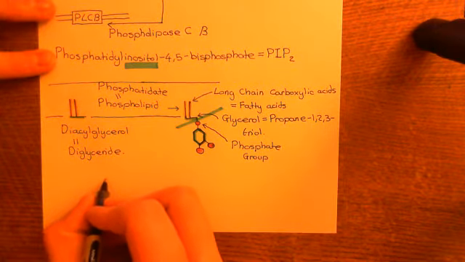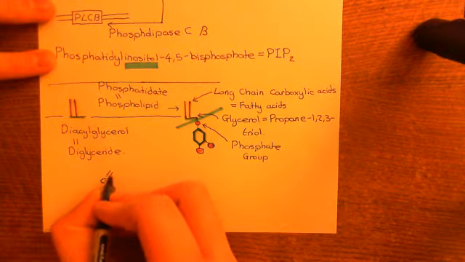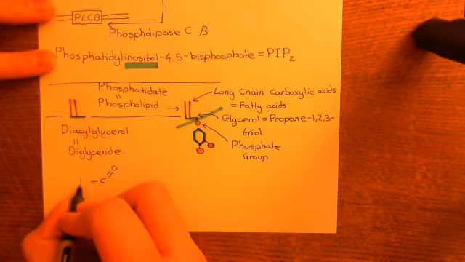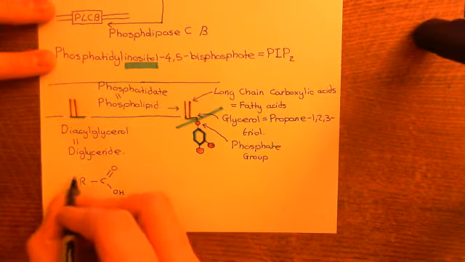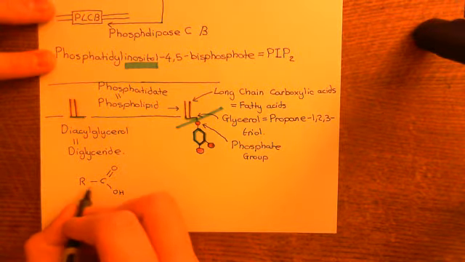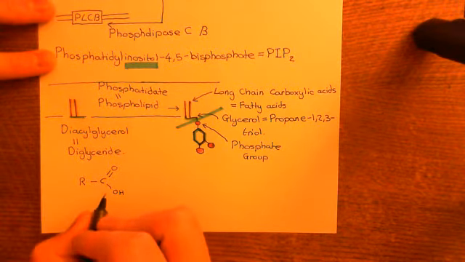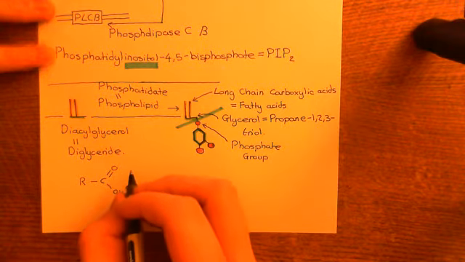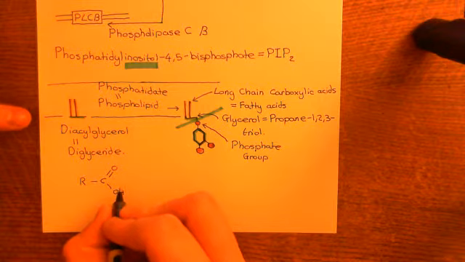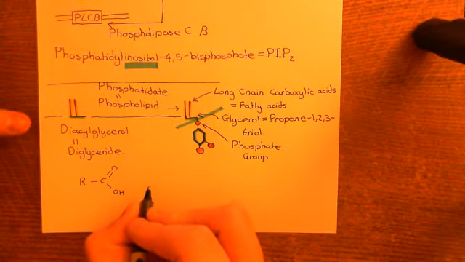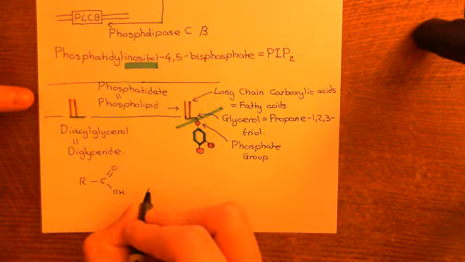So basically, if you have a long chain carboxylic acid here, let's say this is our long-chain carboxylic acid. R just means some arbitrary long hydrophobic group. Now, when you add this onto a glycerol molecule, you are going to bind it via an ester link to an alcohol group on the glycerol molecule.